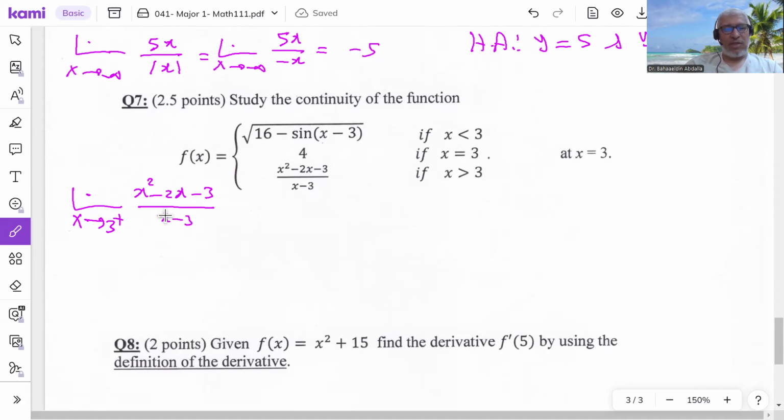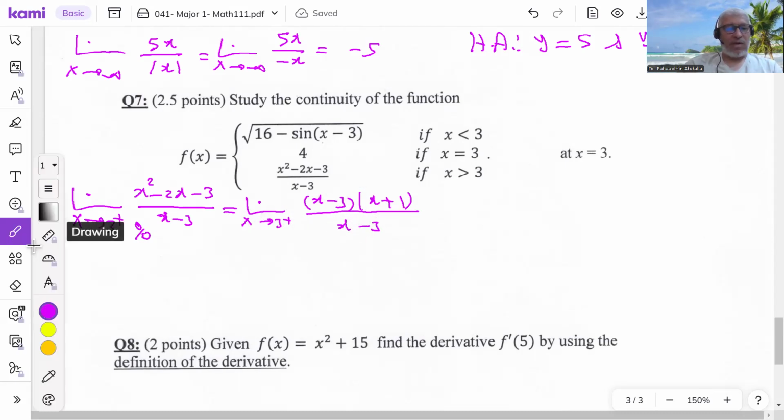Replacing x by 3, I'll have 9 minus 6, so I'll have 0 over 0. So how to evaluate this limit? I need to factor. So I have x minus 3 times x plus 1, for x squared minus 2x minus 3. Okay, correct.